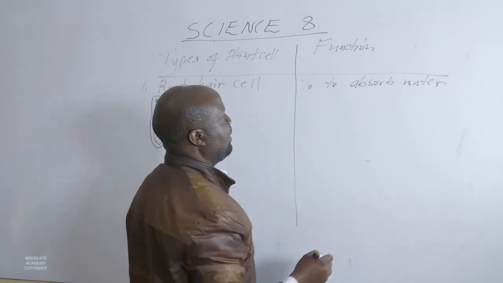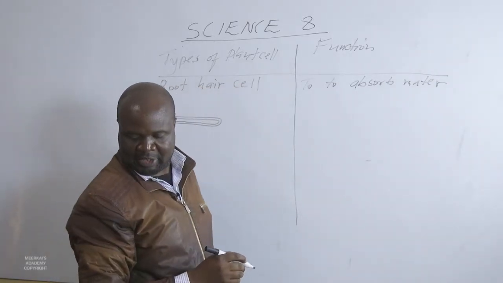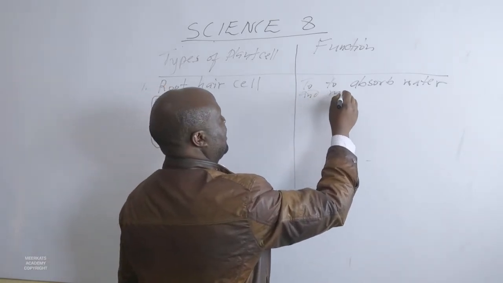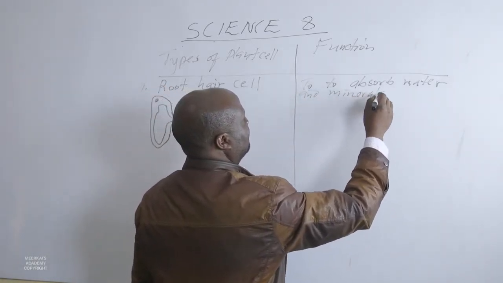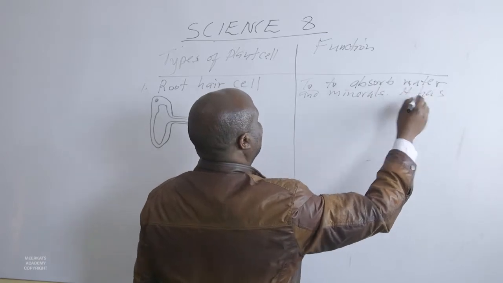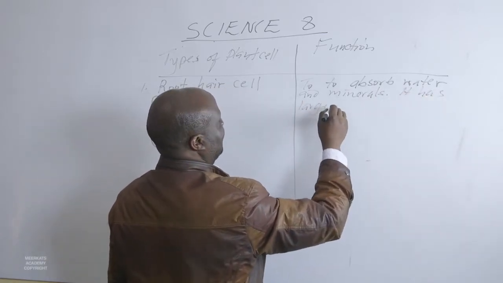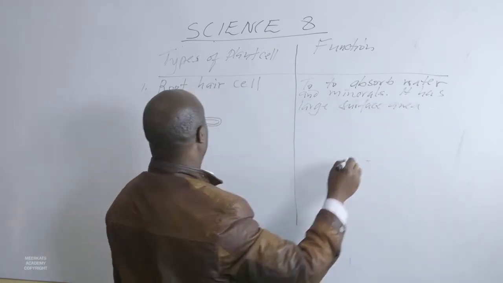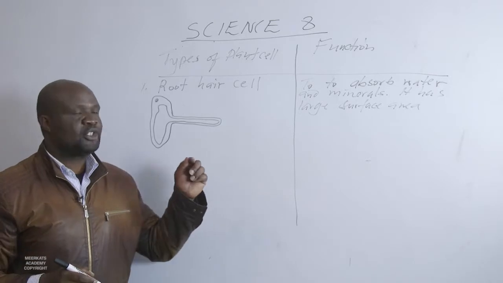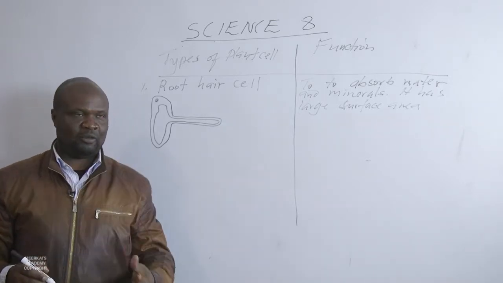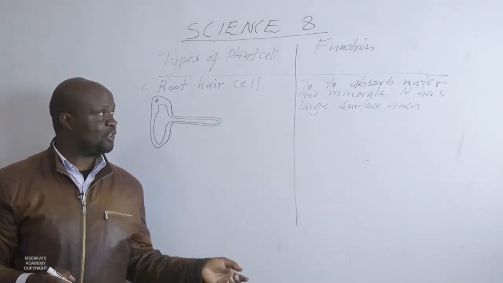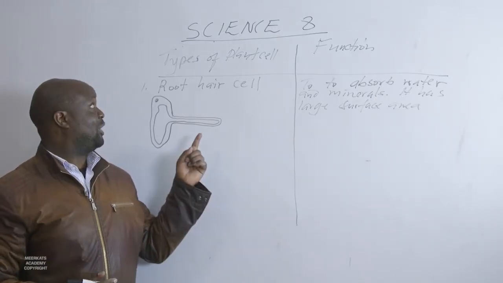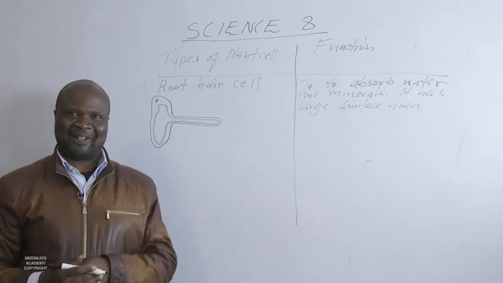Why does it have large surface area? So that it can absorb water and other minerals that are present within the soil. That is the structure of a root hair cell.